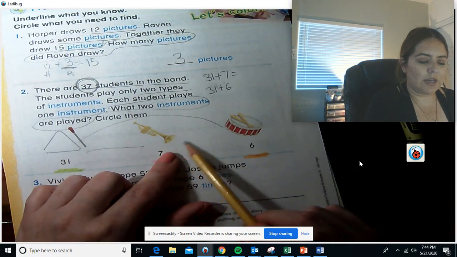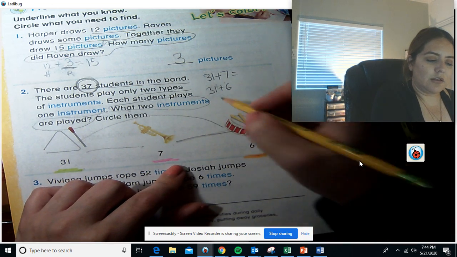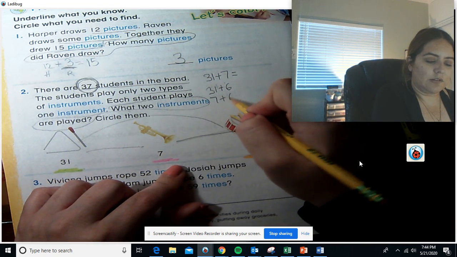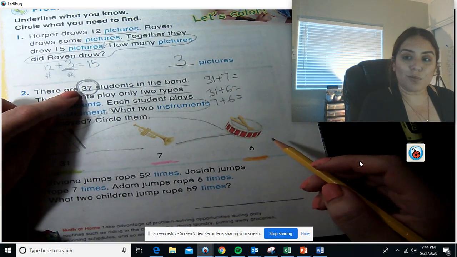Or the trumpet and the drum, that would be 7 plus 6. So let's see which one equals 37.